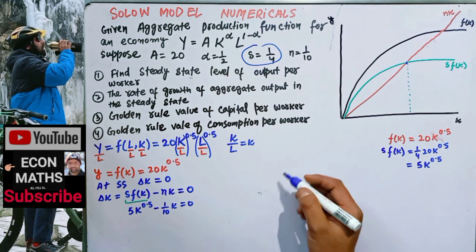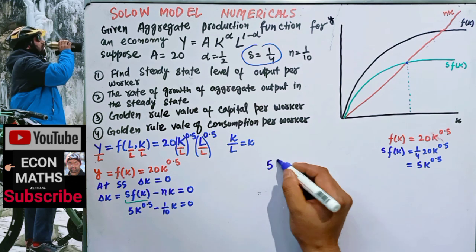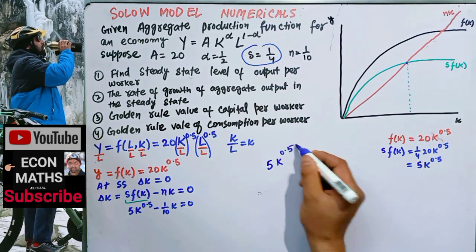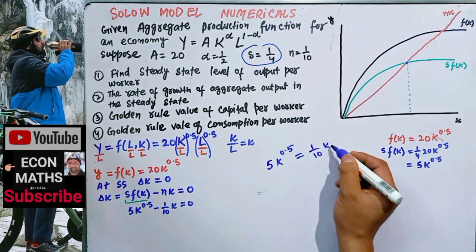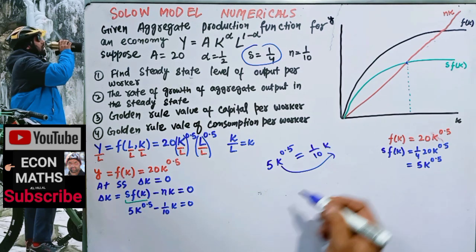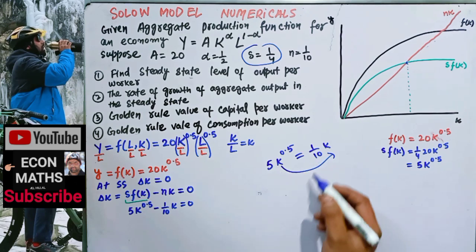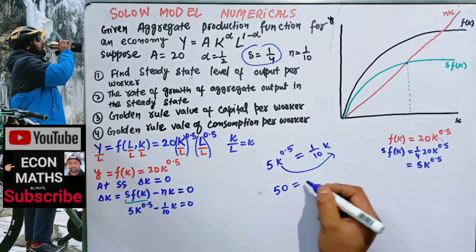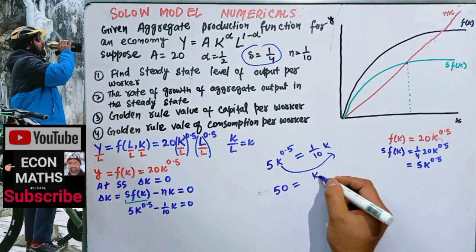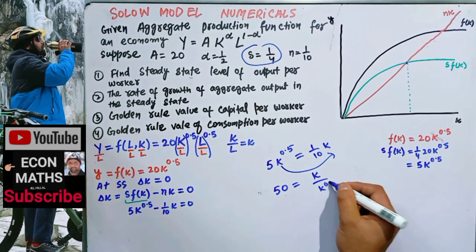Okay, so let me write it here. 5 k to the power 0.5 is equal to, transposing, 1/10 k. Transposing this 10, it gets multiplied, so 5 tens are 50, equal to k divided by k to the power 0.5.